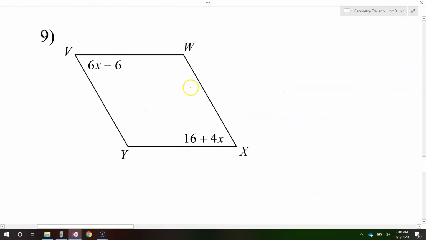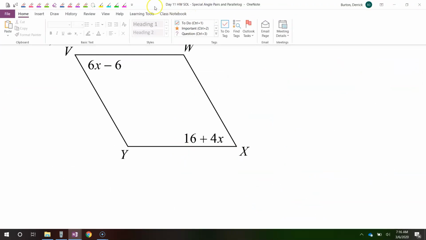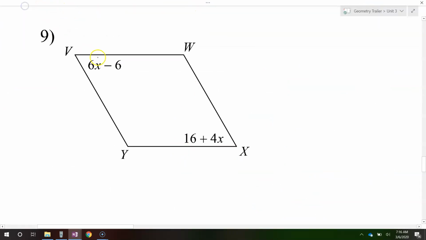All right. These are opposite angles, and opposite angles of a parallelogram are congruent. So that means that 6x minus 6 equals 16 plus 4x.